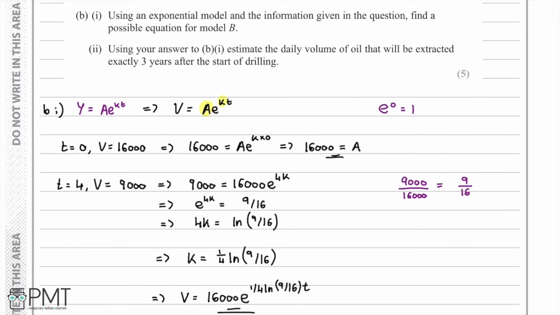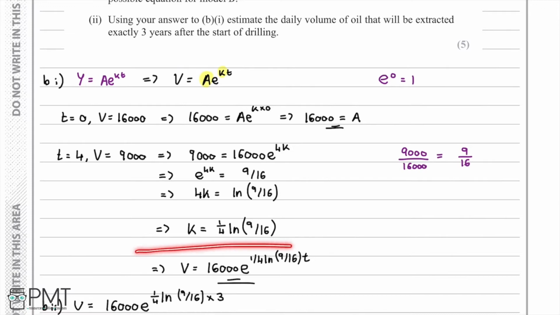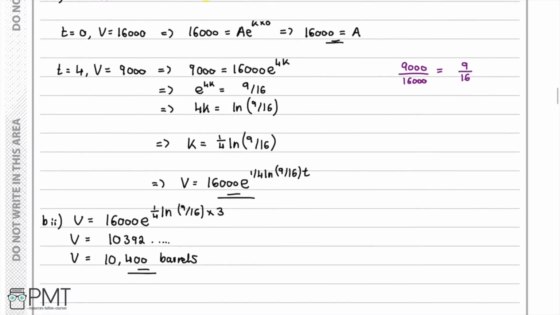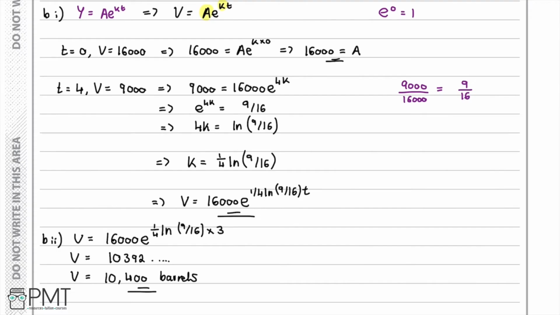And then the next mark was for successfully working out the value of k. And then the final 4th mark was for concluding with the correct answer. Then there was 1 mark on offer for question B part 2, which was for knowing to substitute 3 in and concluding with our correct answer.